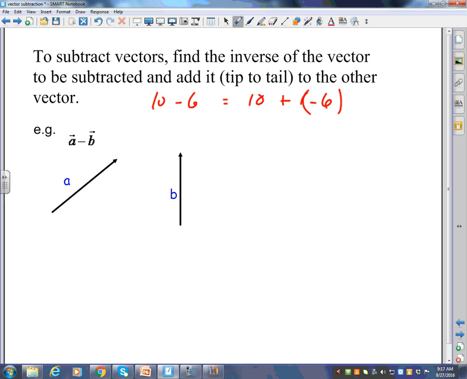Same thing. A minus B is simply A plus minus B. That's all it is. It seems hard, but it's not.